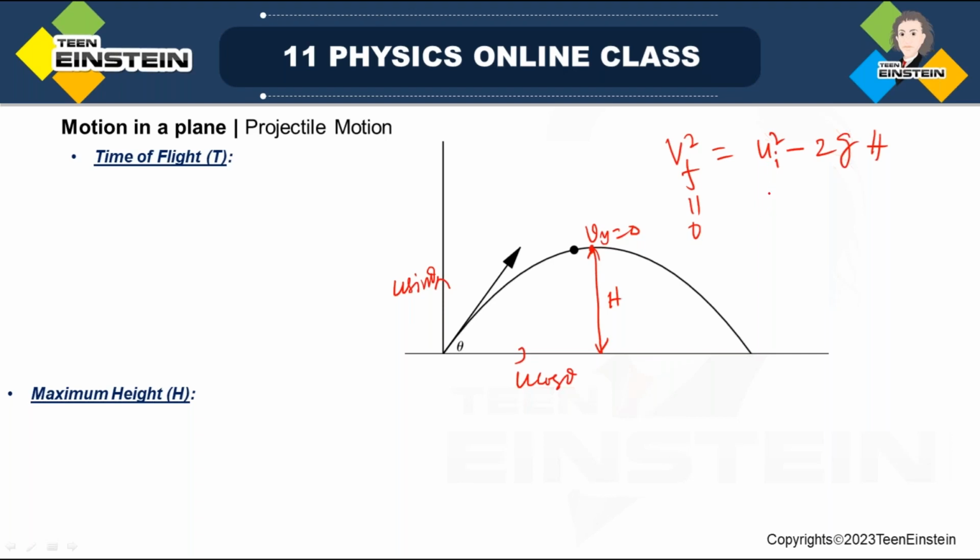Then I can write H equal to u sine theta whole square divided by 2g. So what is the maximum height?